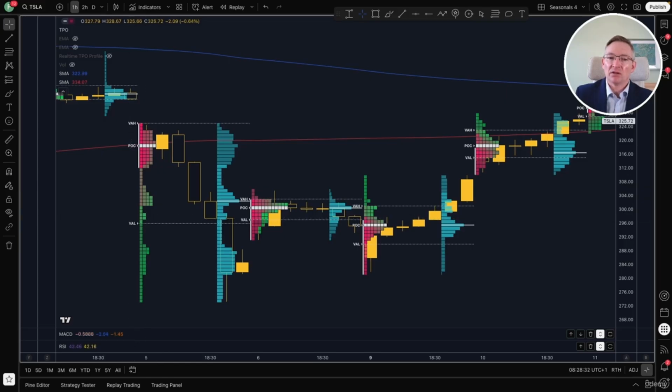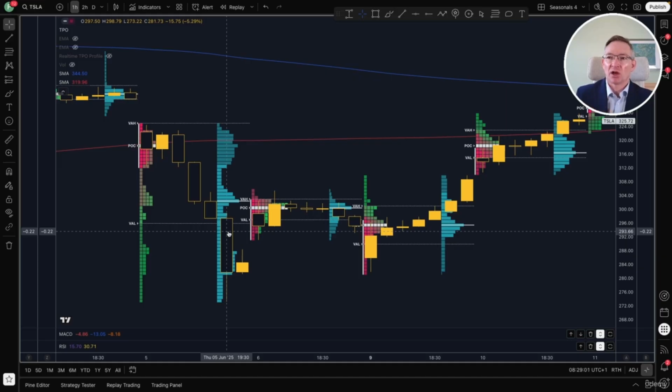Now, single prints or tails, single prints are when price spent very little time, and it's often a sign of rejection. You can see here, look, little time, little time, little time, wick, rejection. And what happens is in stocks, these time price opportunities help you identify support zones, resistance zones, and breakout zones based not just on the price, but on the level of participation.